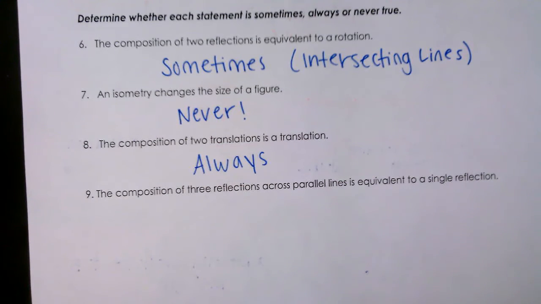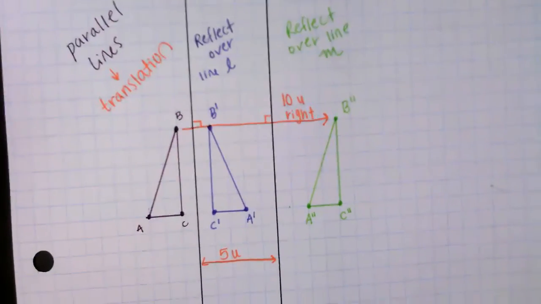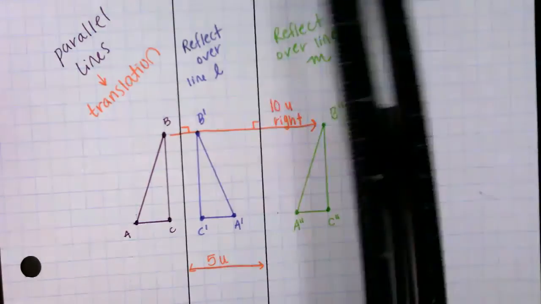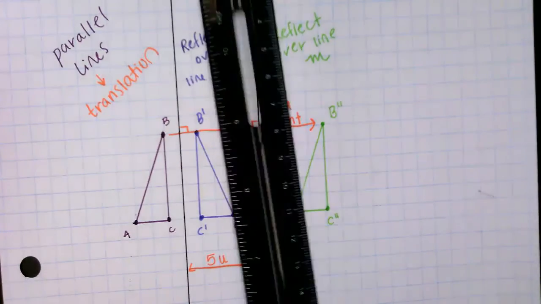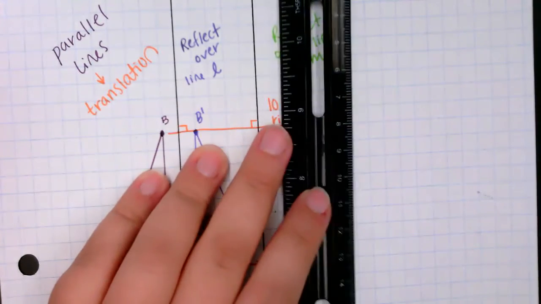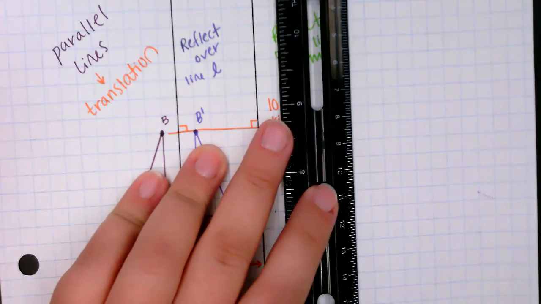And I'm going to pull back up my parallel lines example right here. Let's say I draw one more parallel line. I'll do it right here.